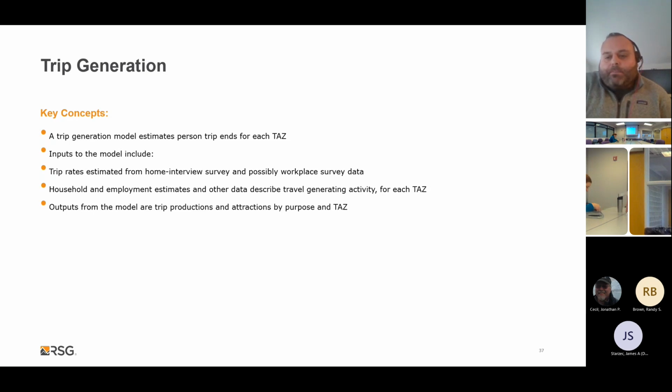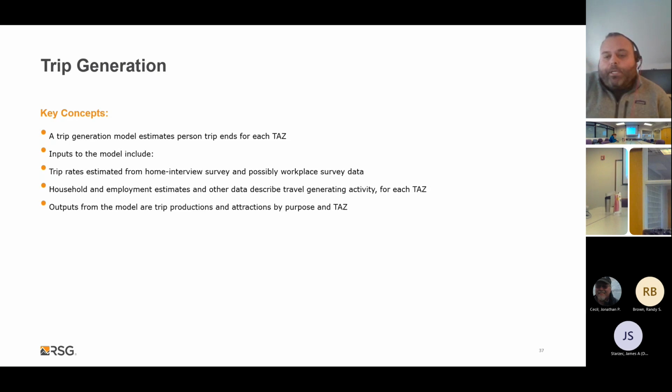Yeah, and we'll talk about some different use cases of the model and how we can sensitize the model to different things, but it's important to note that in the 4-step context, what we're doing is estimating the trips that people are taking without any regard to the location of those trips. We're not looking at where those trips are going yet. We're just looking at how many trips are produced in a given zone and how many trips are attracted to that given zone, stratified by the purposes or any market segmentation we did.